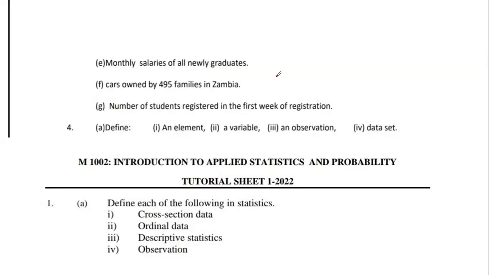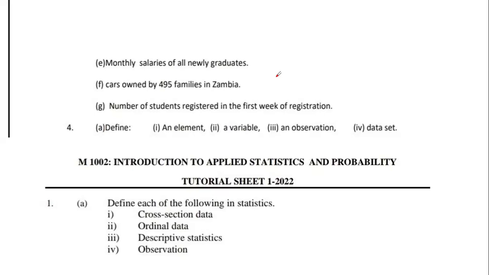And then F, they're saying cars owned by 495 families in Zambia. Okay, so you can see that that's a subset because they're just getting 495 families in Zambia. We have a lot of families in Zambia, right?